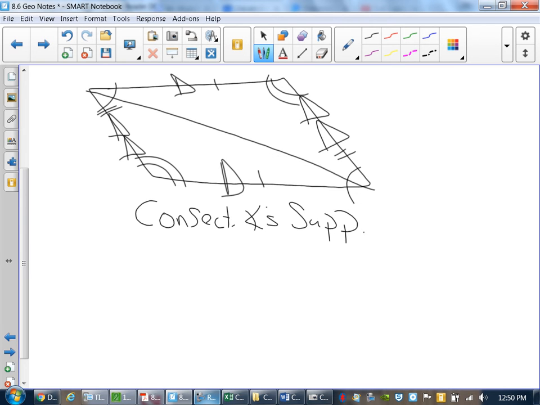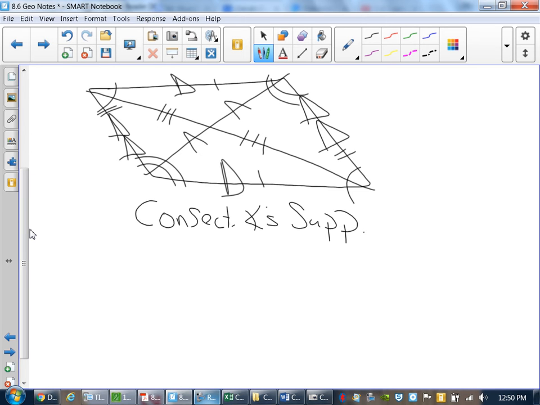Other shapes have more specifics, but we know that the diagonals in a parallelogram will bisect each other. So as being a parallelogram, you will have opposite sides parallel, opposite sides congruent, opposite angles congruent, diagonals that bisect, and angles that are next to each other always add up to equal 180 degrees. And that makes you a parallelogram.